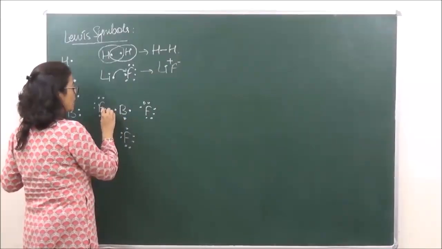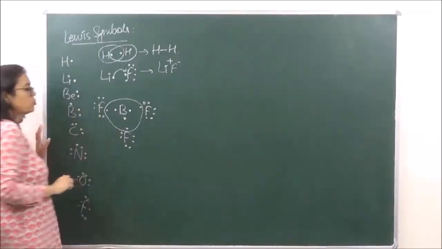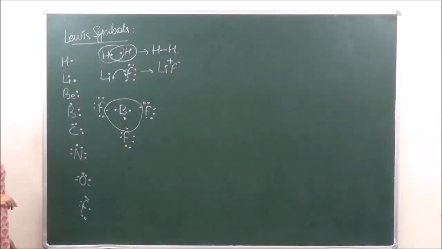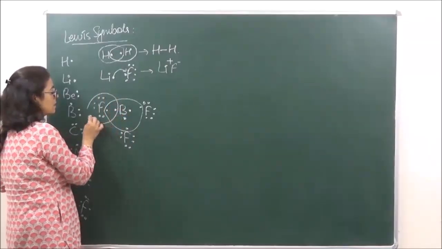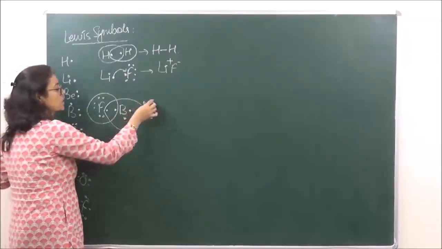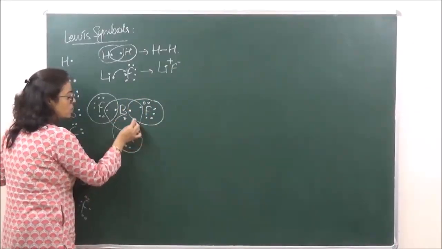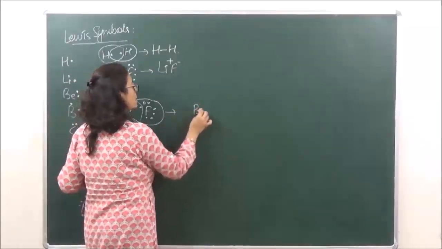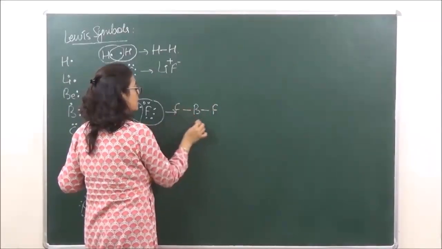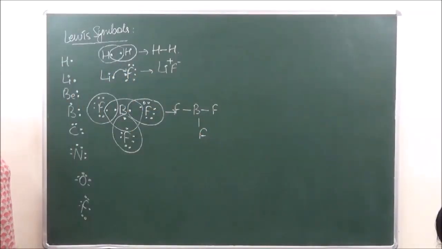So this boron is going to share all the single electrons of fluorine, and fluorine is going to share 1 electron each of boron. So this is how we can show the molecule. So we have boron and fluorine. Okay? So this is what Lewis dot structure is.